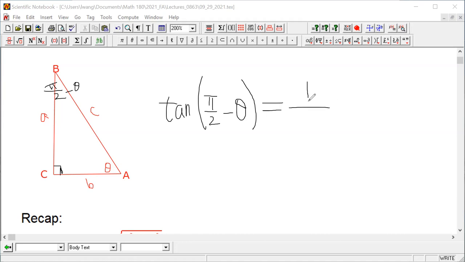So this is equal to B over A. But what is cotangent theta? This is theta. The adjacent side for theta is B, and the opposite side for theta is A. So that's going to be B over A as well, which checks out. Therefore, tangent of pi over 2 minus theta is the same as cotangent theta.